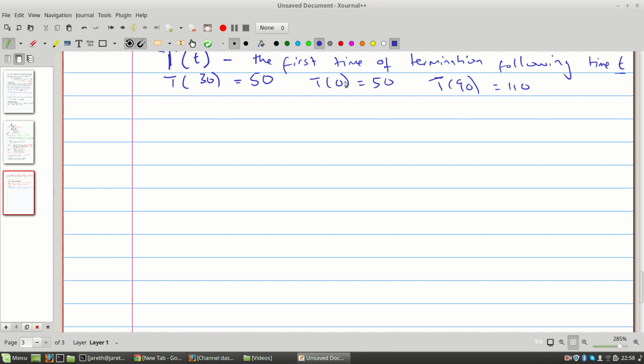And then let's modify our definition of the return a bit.